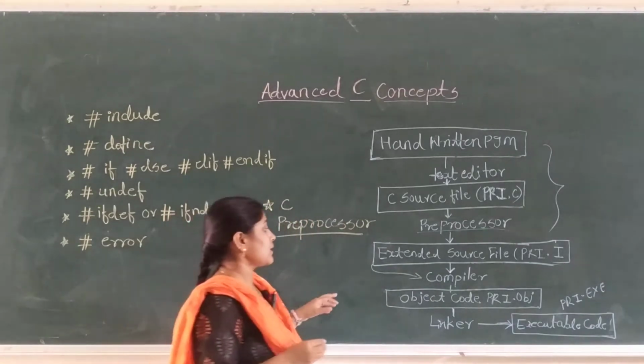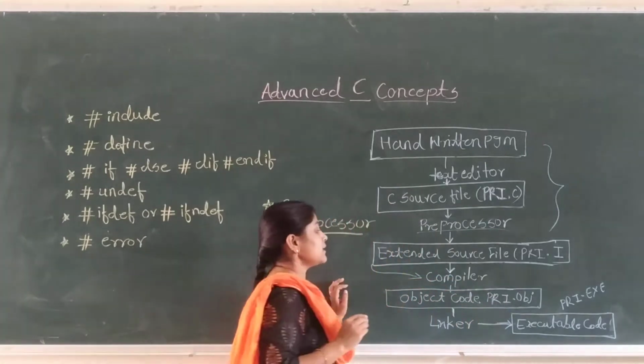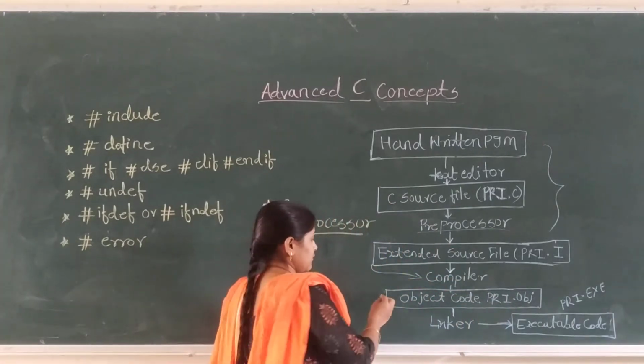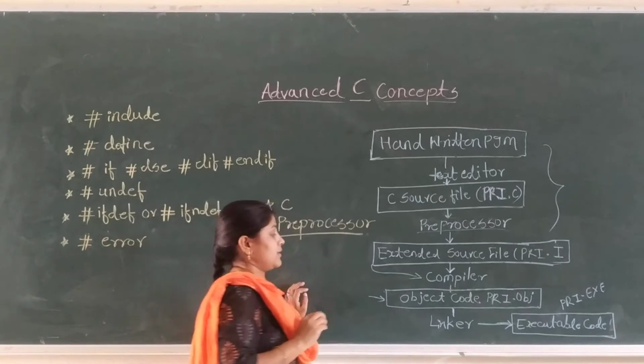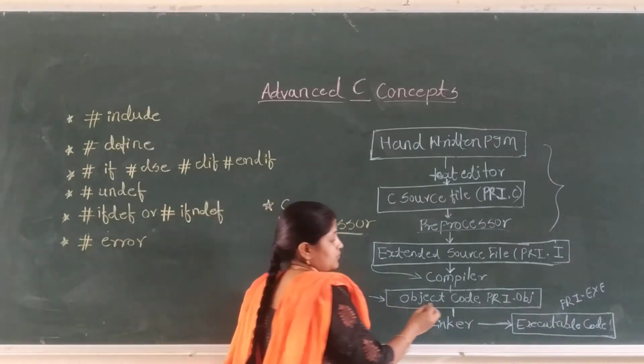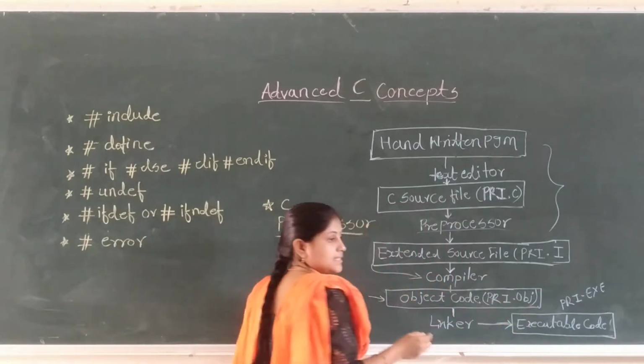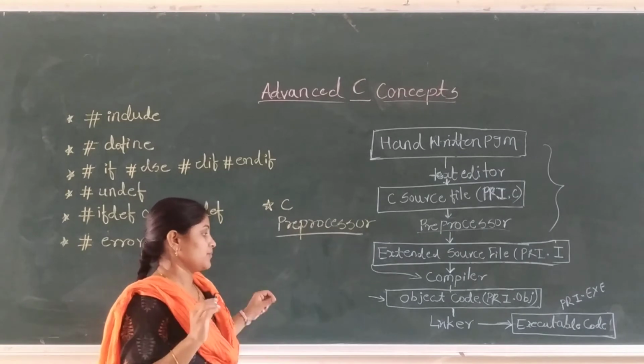This is the input to the compiler. The compiler works on the pri.i source file and gives the output in the form of an object file, or object code, which is represented as pri.obj.